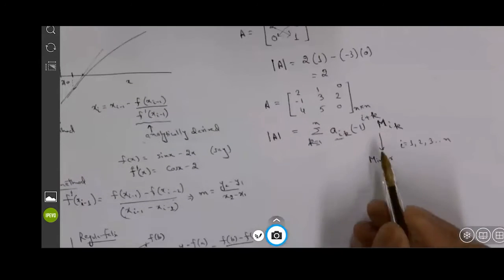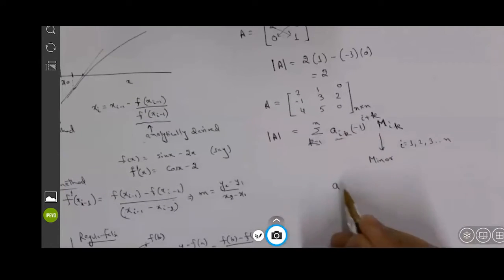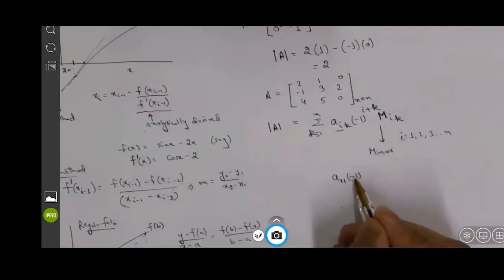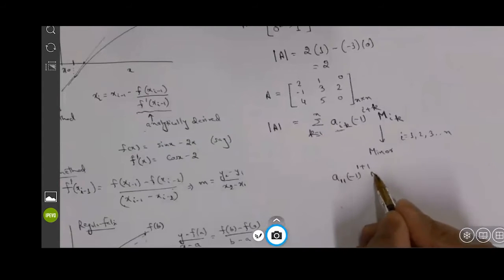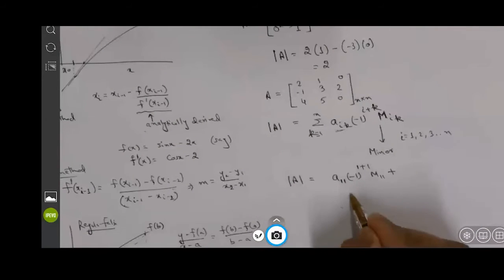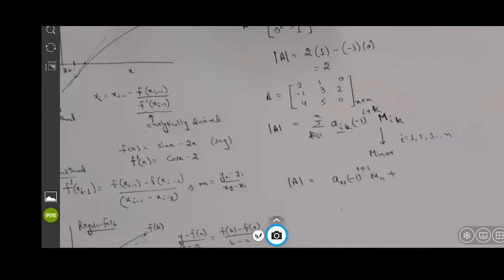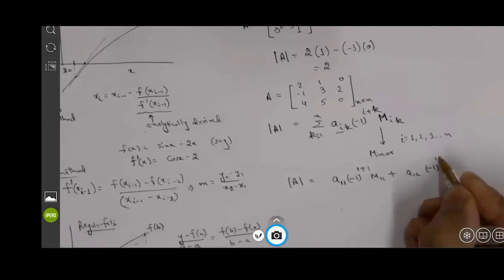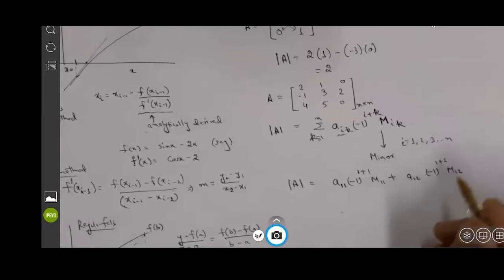The way it is obtained is, if I expand this summation, I get A11 times minus 1 to the power 1 plus 1, M11, plus A12 times minus 1 to the power 1 plus 2, M12, plus A13 times minus 1 to the power 1 plus 3, M13.